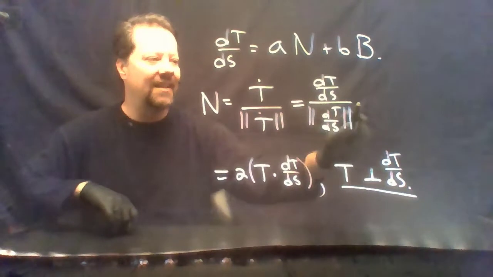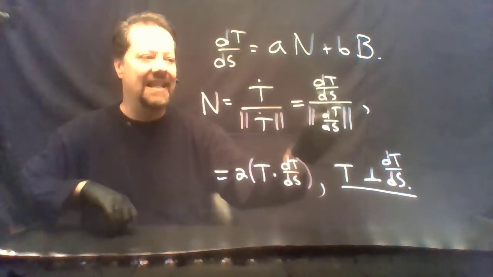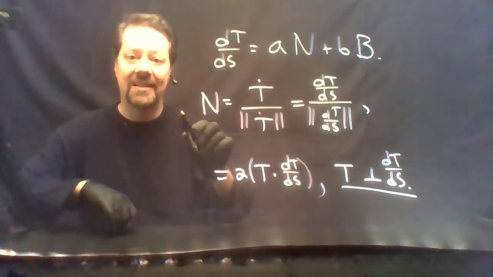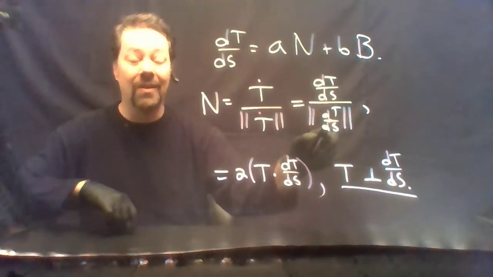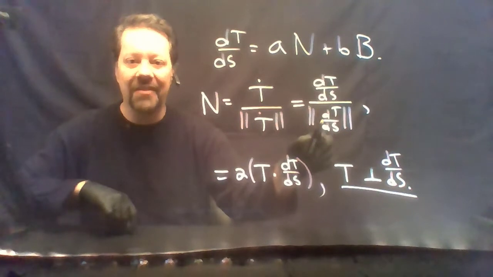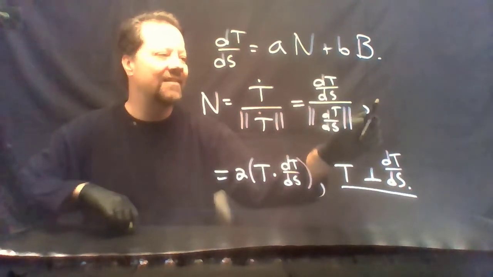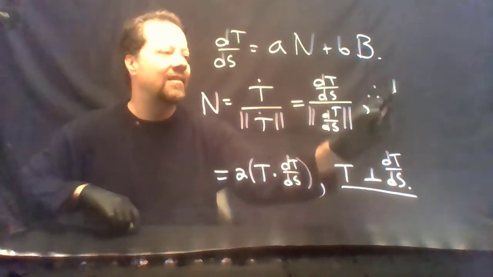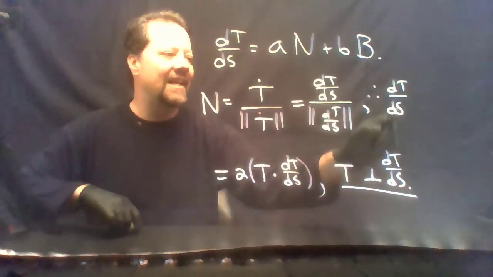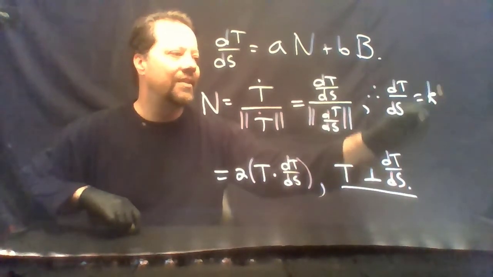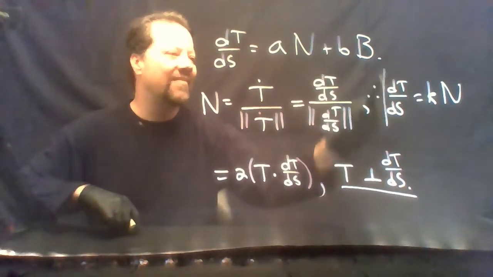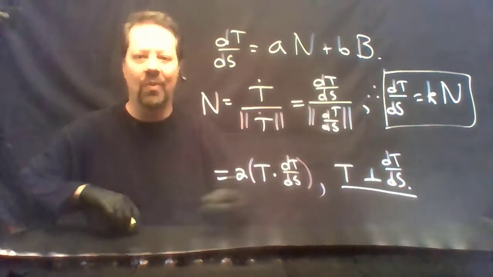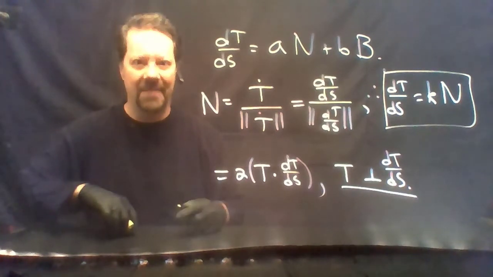This tells us then that dT ds is a scalar times N. This scalar, you'll recall, is the curvature by definition. dT ds is the curvature times the principal unit normal vector N. This is one of the three Frenet formulas.